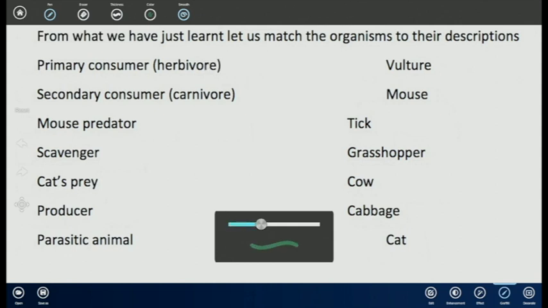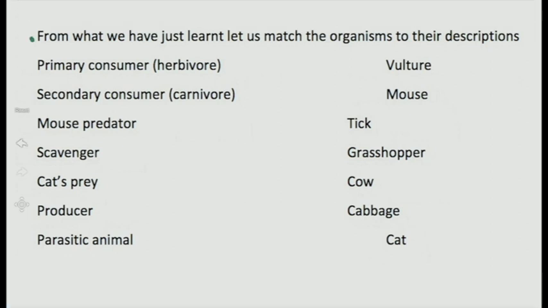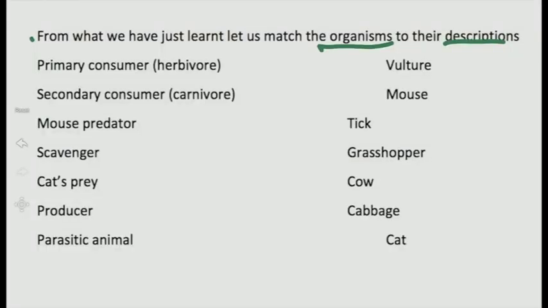If we have it in this form of description, we have the producers and we have primary and secondary consumers plus the scavengers here. Let us match this from what we have just learned. Let us match the organism to their descriptive nature we have here.